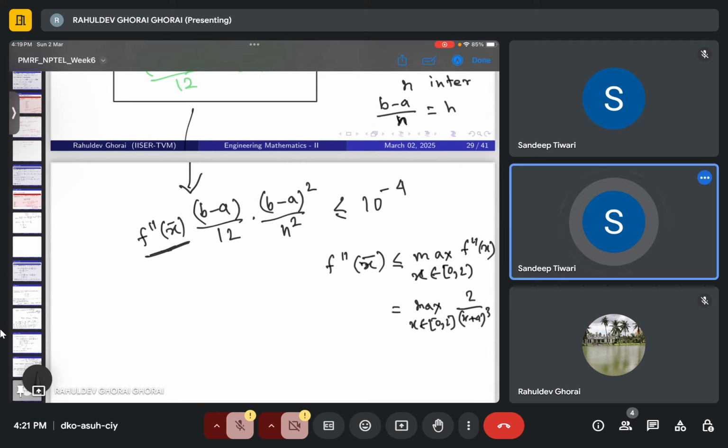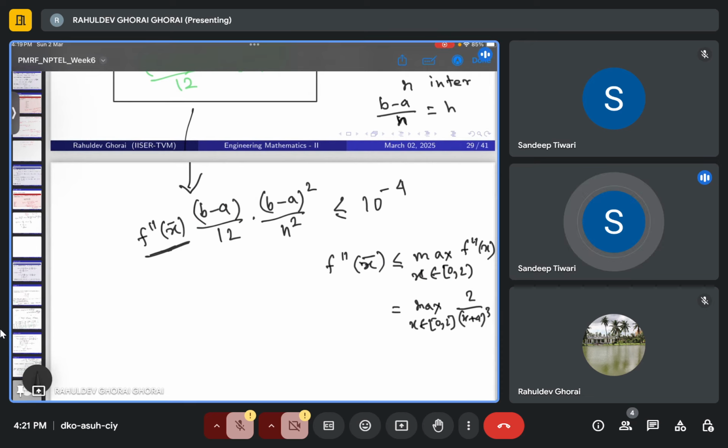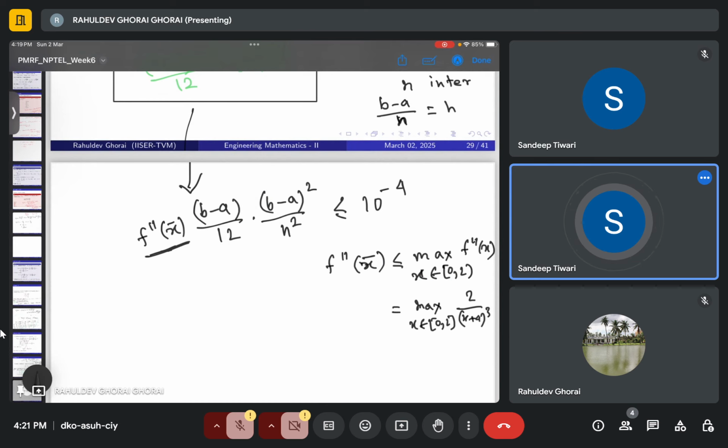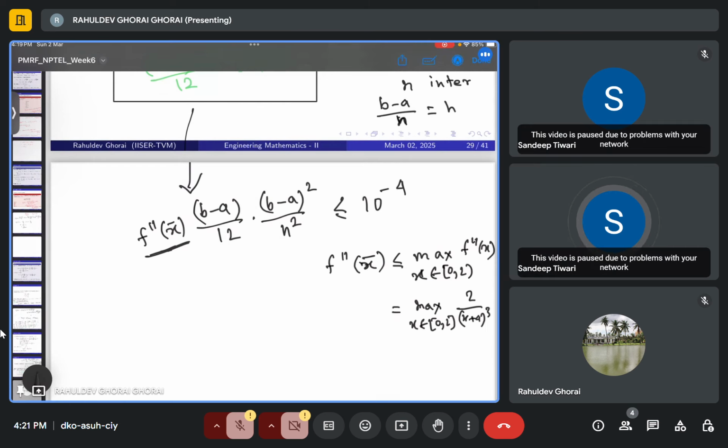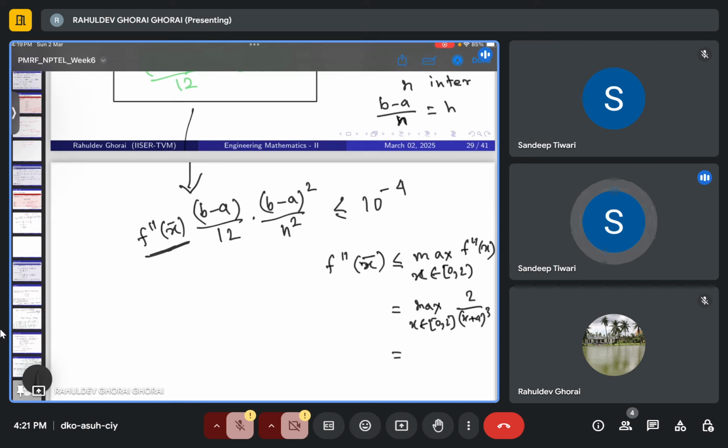Whole square, sir? Why, sir? No, it is 2 by x plus 4 whole cube, because f is 1 by x plus 4. Yes, sir. This is correct. So the maximum will be attained at 0, because at 2 it will be smaller.